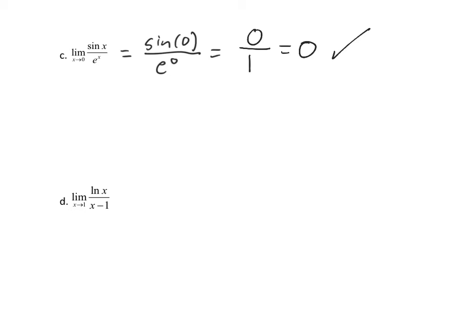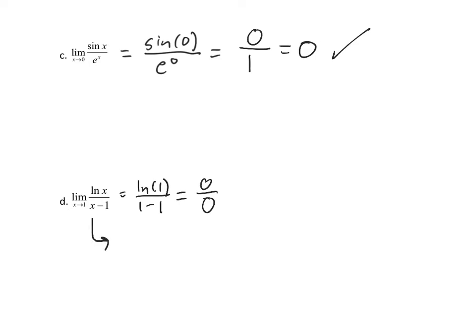So let's try this one now. The limit as x approaches 1 of natural log x over x minus 1. If I plug in 1, I get natural log of 1 over 1 minus 1. Natural log of 1 is 0, so I get 0 over 0. Here we are going to use L'Hopital's rule.